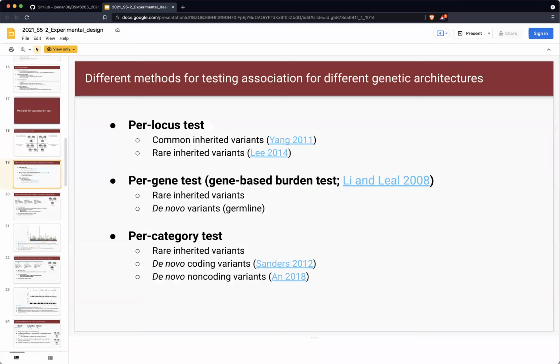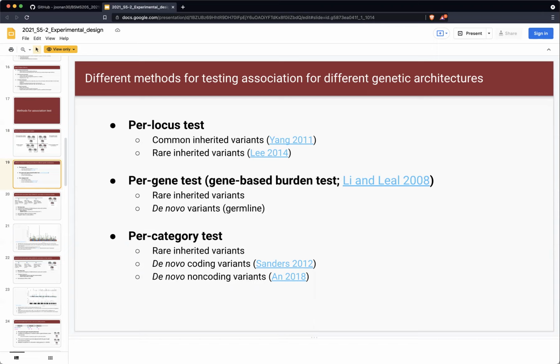And if you are interested in certain genetic factors, those are also tied to different methodologies. If you are interested in de novo mutation, then you have to use certain technology. And if you are interested in common variants, then you have to use different technologies. So I can categorize them into a few tests.